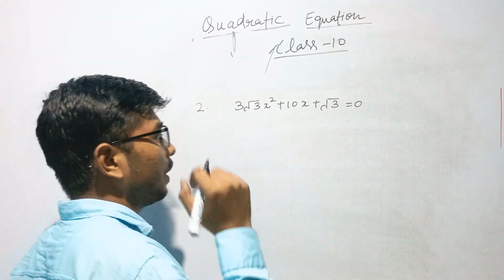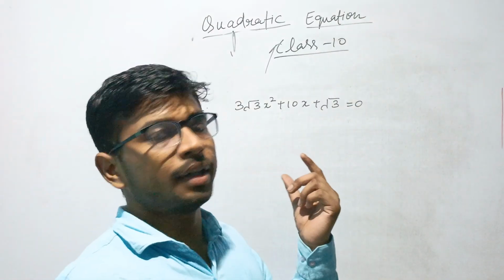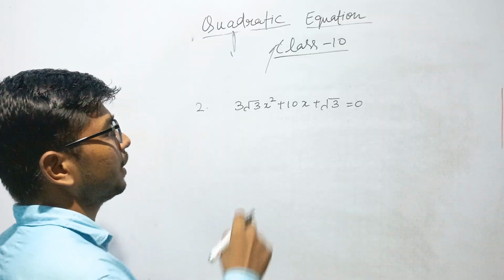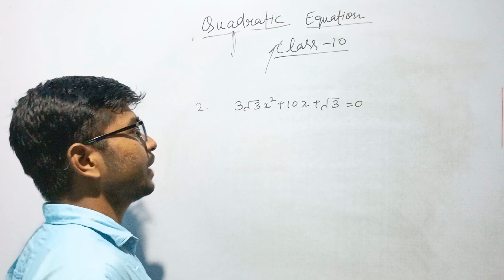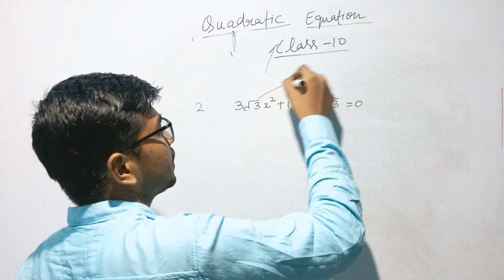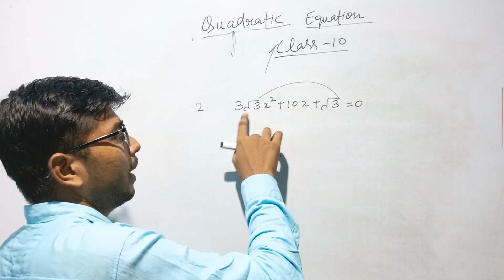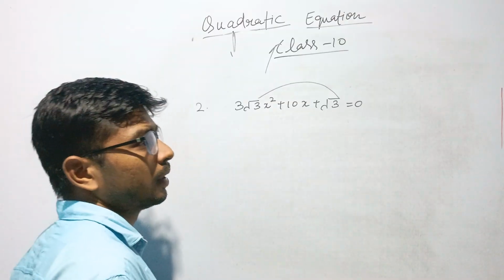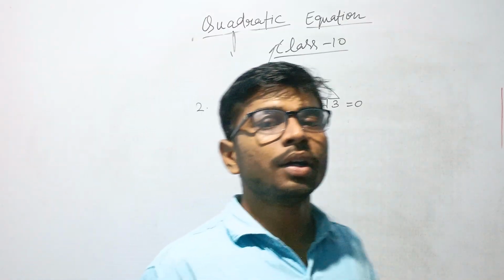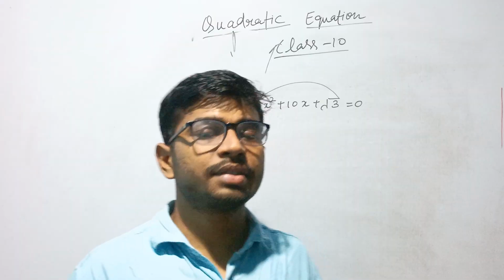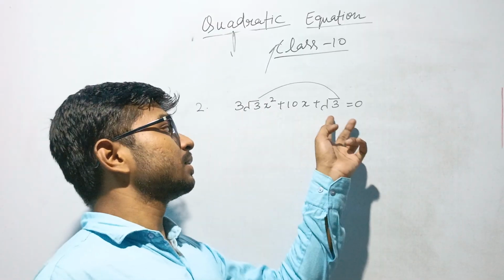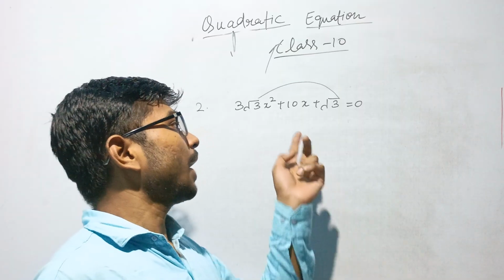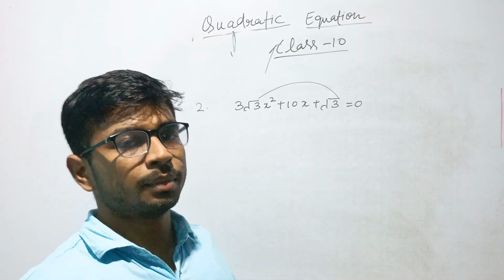That type of question we did earlier is simple, but this is a little harder. Let's solve. The rule is the same. We have to multiply the first term with the third term, the x square term and the constant term, then find the two terms in such a way that the multiplication should be the product of this, and the addition should be the middle term, right?